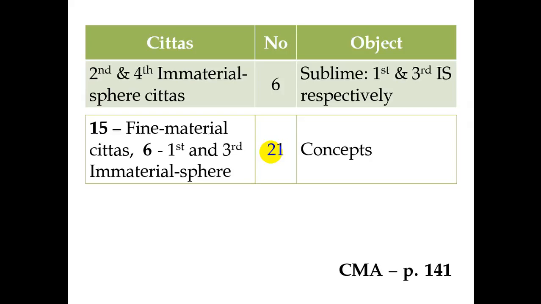So the second immaterial jhana takes that infinite consciousness as its object. Therefore, the second immaterial jhana takes the object of sublime. Specifically, the second immaterial jhana takes the first immaterial citta, right?